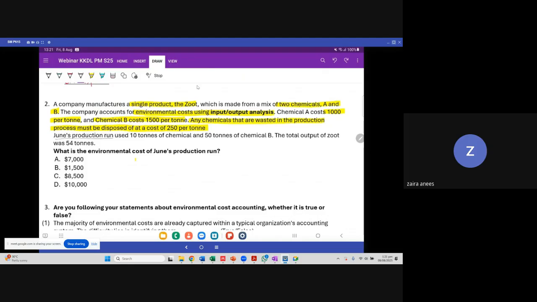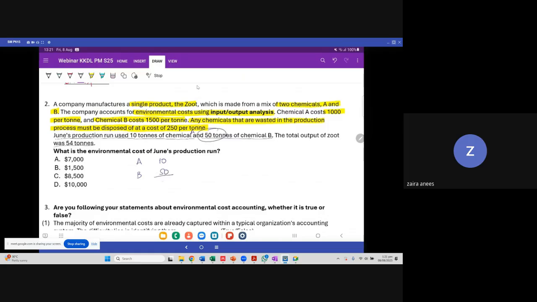June's production run used 10 tons of chemical A and 50 tons of chemical B. The total output of root was 54 tons. We input 10 tons of chemical A. We input 50 tons of chemical B, this one.